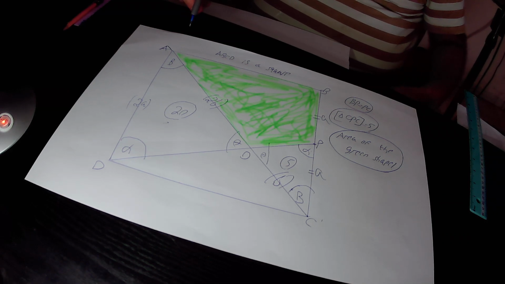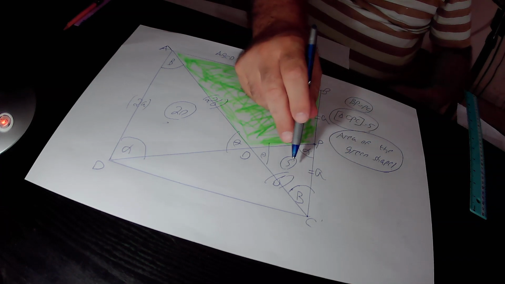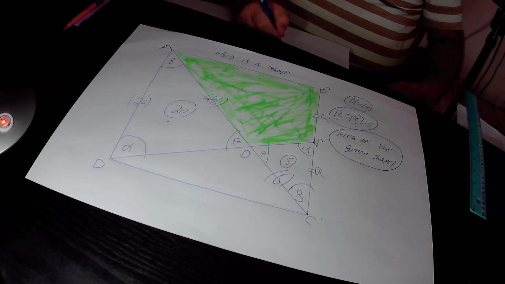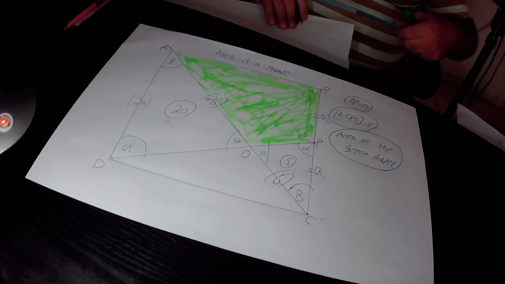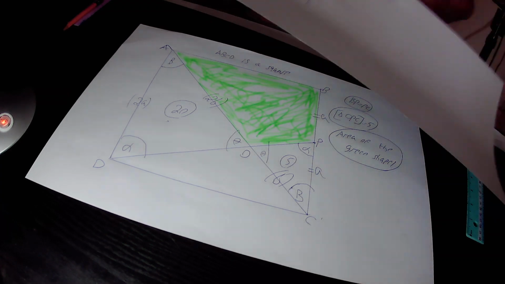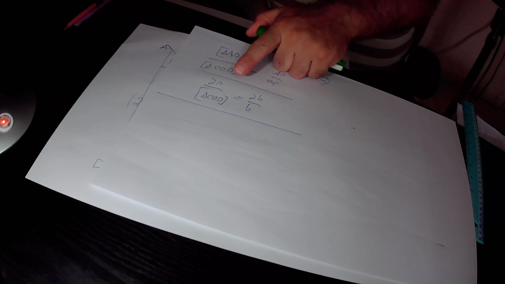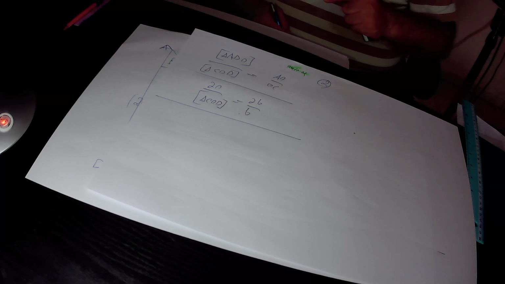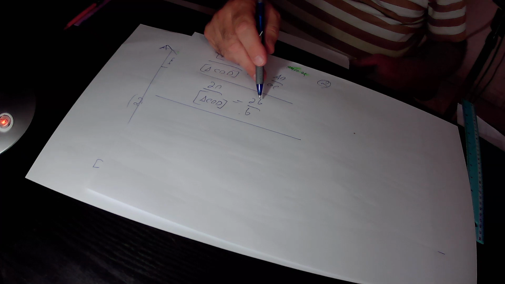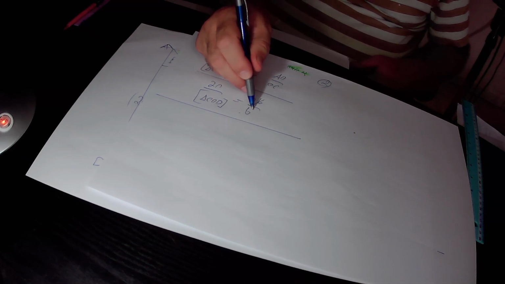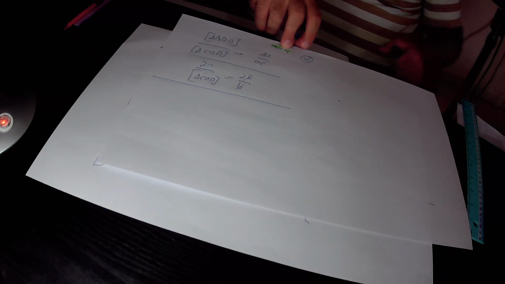And it is equal to AO, which is 2B, over OC, which is B. So 20 over the area of triangle COD equals 2B over B. We have B in the numerator and B in the denominator, so B gets cancelled, and we are left only with 2 on this side of the equation.